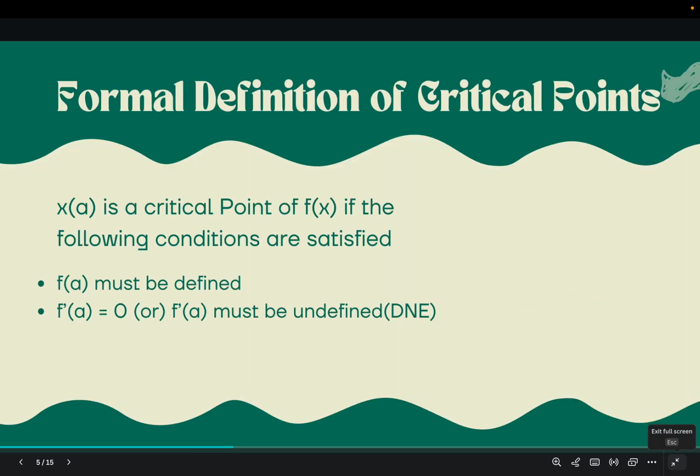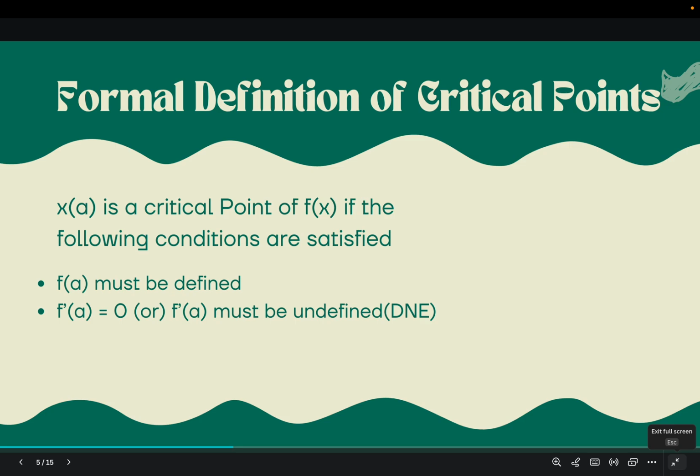So what is the formal definition of critical points? To understand the formal definition, we should understand the basic concept of a critical point. As I said before, and as stated in the video in the back, a point is a critical point only if the function follows these conditions.